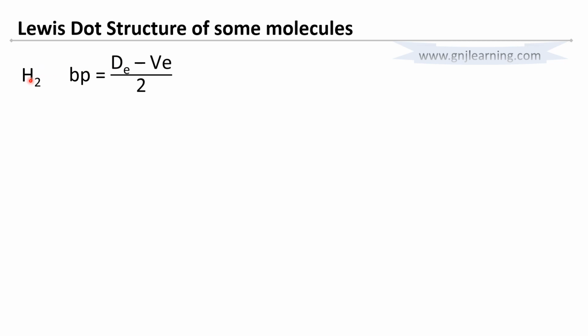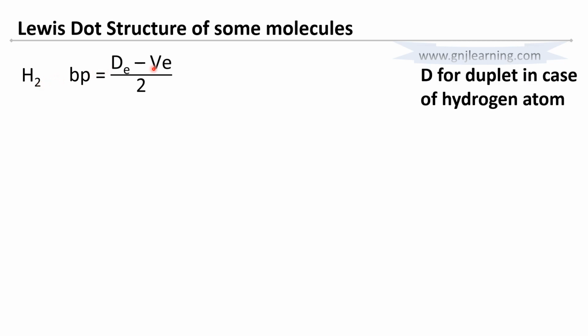And actually each hydrogen atom has only 1 electron, so VE, the available electrons, will be 2. So 4 minus 2 will be the value. D is taken because for hydrogen it is a doublet, not an octet.